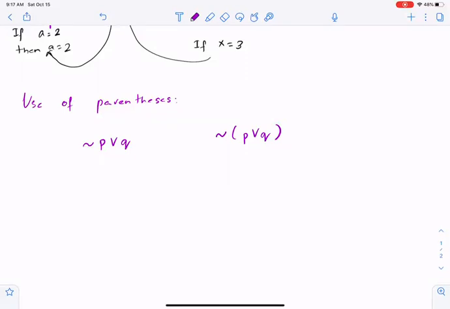So in the first case, we are simply negating P. However, in the second case, we are negating P or Q. So they're not the same. So we've got to be careful when we use negation. People would always misinterpret if you don't use parentheses.